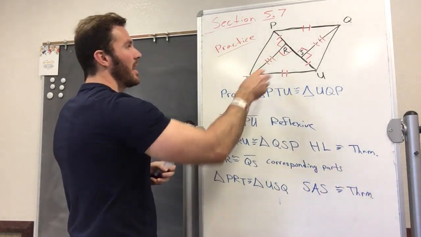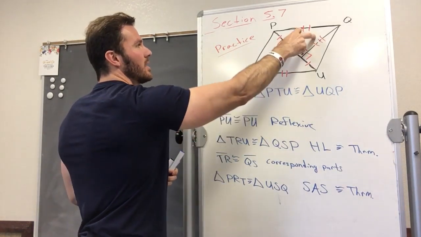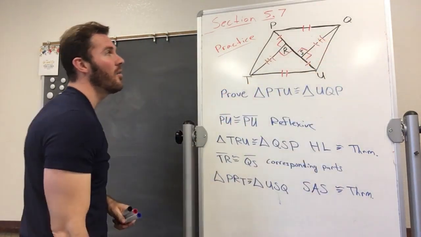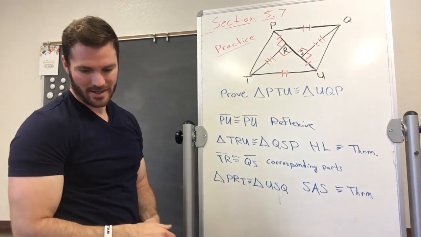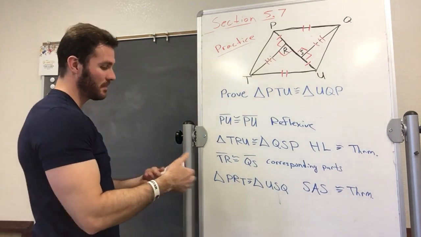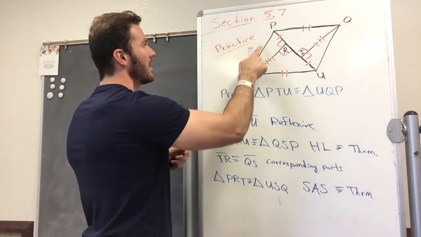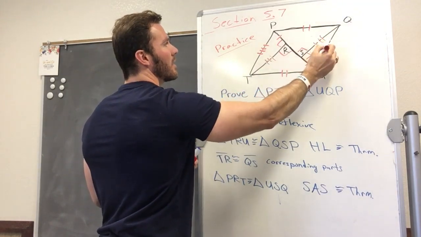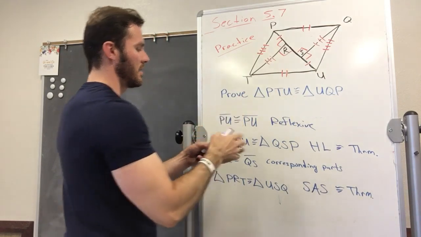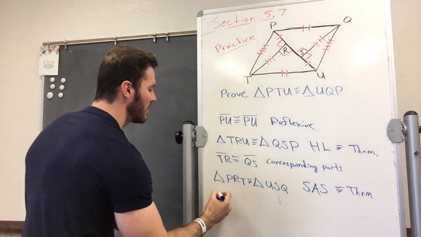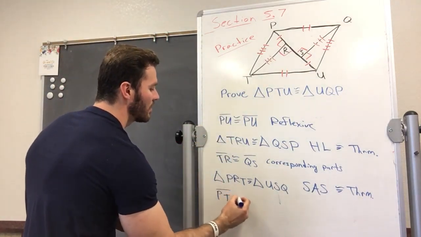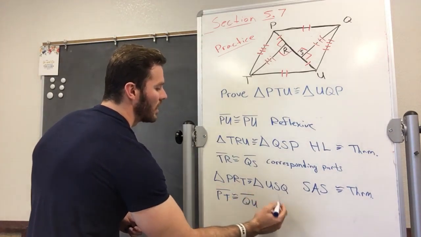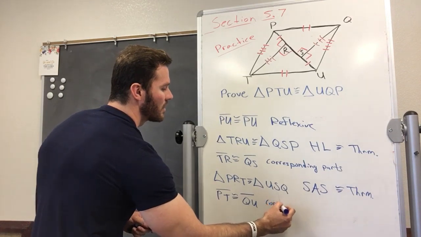Okay, now that we have this triangle congruent with that triangle, this triangle congruent with this triangle, all these parts are corresponding. So you can say these lines, PT is congruent with QU, corresponding parts.